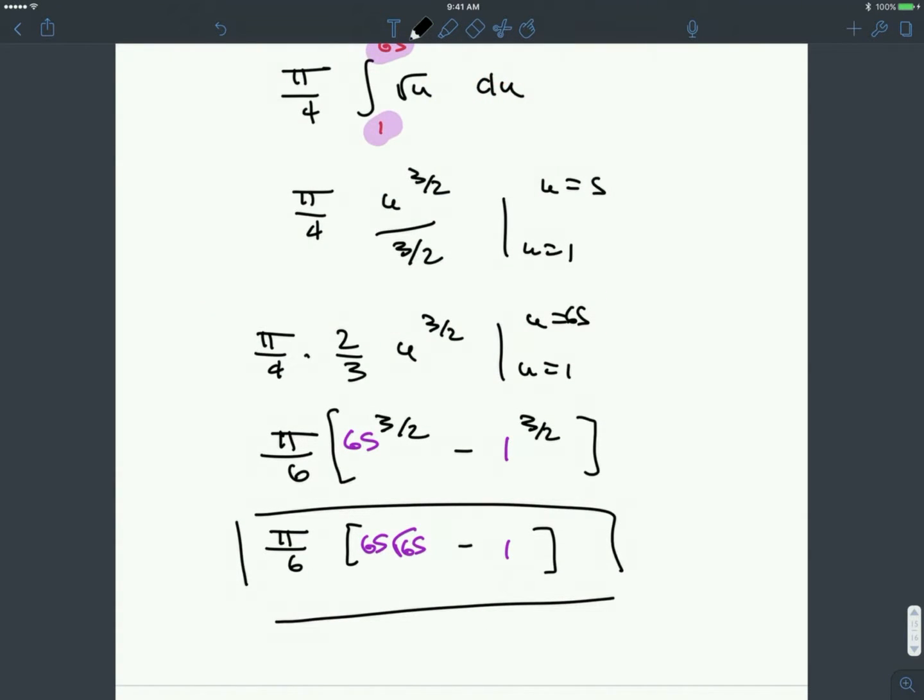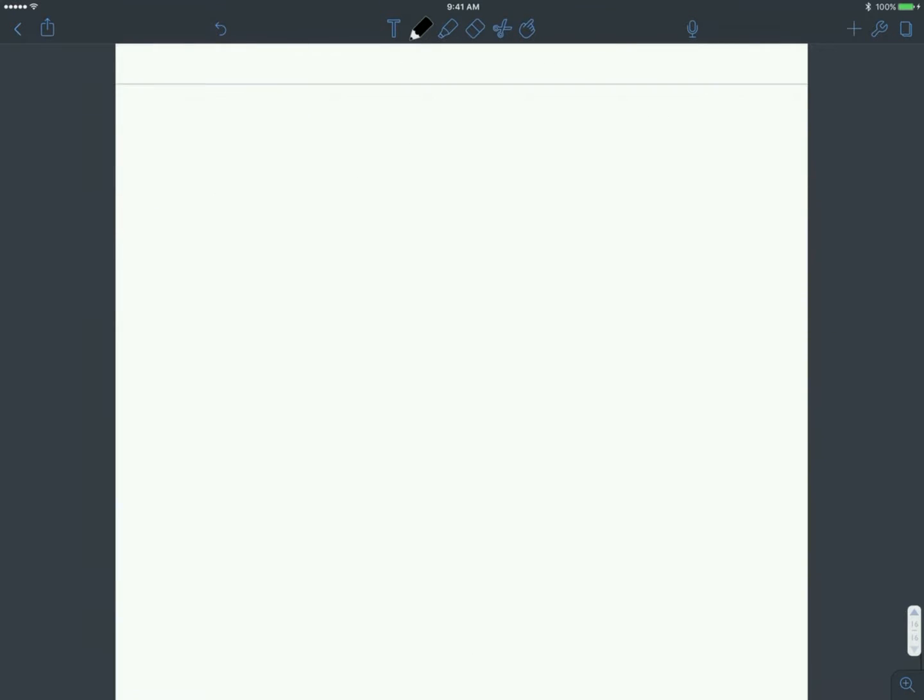So let's look at another example here. For this example, let's take a look at what we have. We want the surface area.